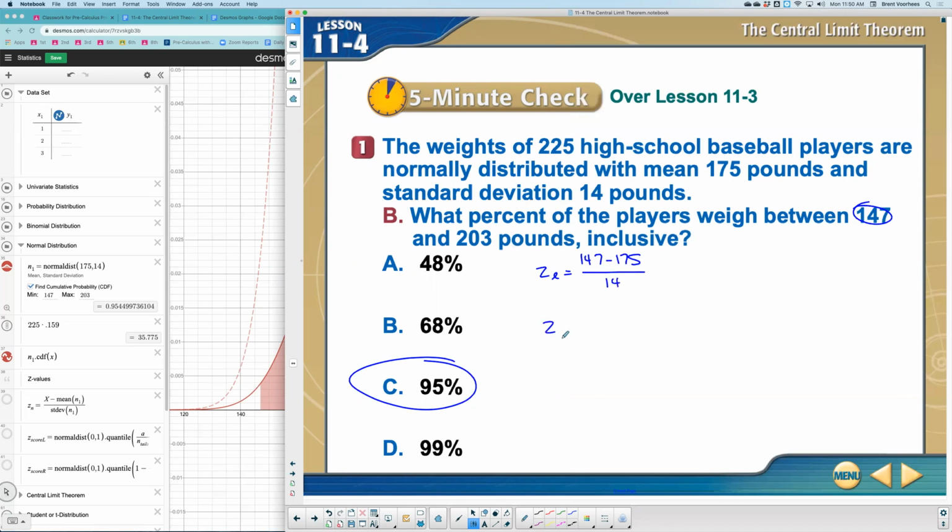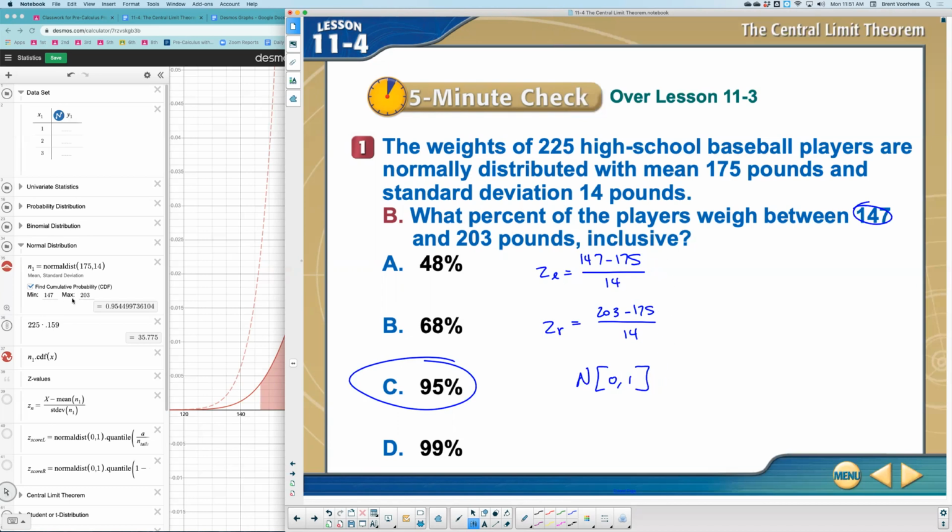And the Z-score value for the right side, ZR, would equal the 203 minus 175 divided by 14. And this is if you wanted to use the normal with a mean of 0 and a standard deviation of 1. That means the standard normal. If you want to use this distribution, you could do so, and you would use these Z-score values.